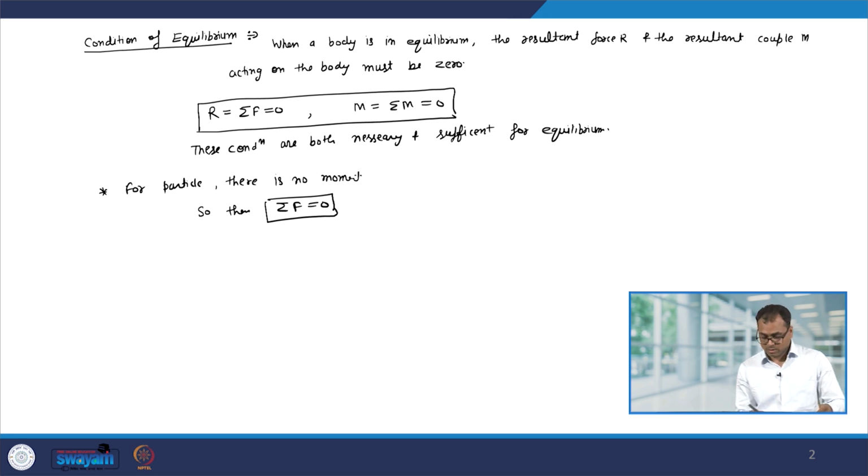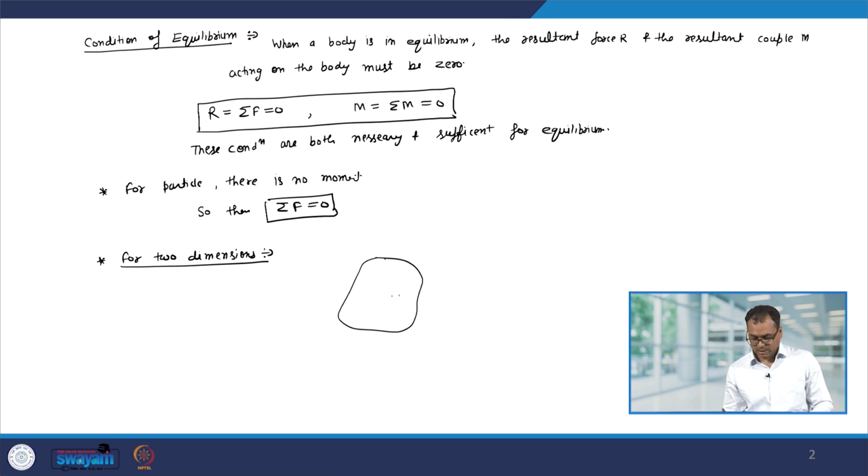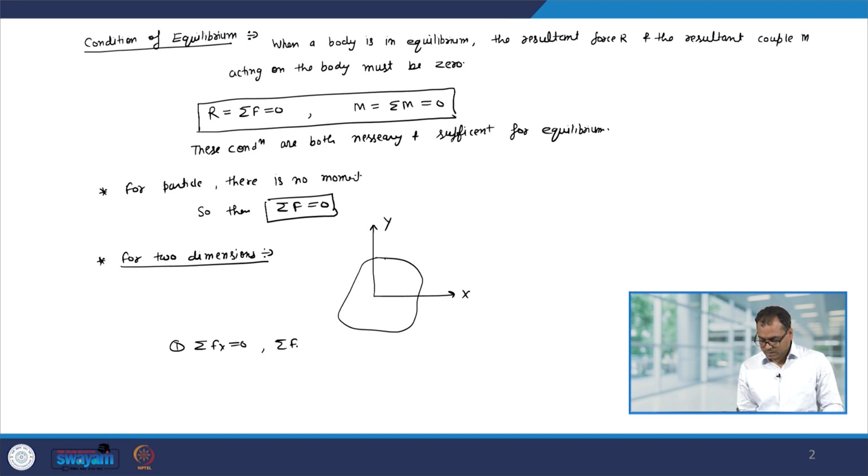Now, suppose the body is in 2D. So, for two dimensions, let us say I have a body and this body is in 2 dimensions. These are x and y. In this case, there are various conditions that are necessary and sufficient. For example, the condition can be summation Fx equal to 0, summation Fy equal to 0 and the moment about any arbitrary point which may or may not be on the body should be 0.